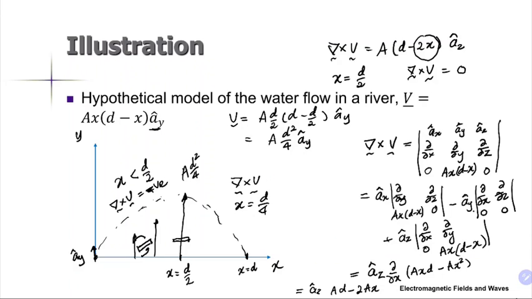Then this will be equal to a times d minus 2d over 4. That's the wrong way around.